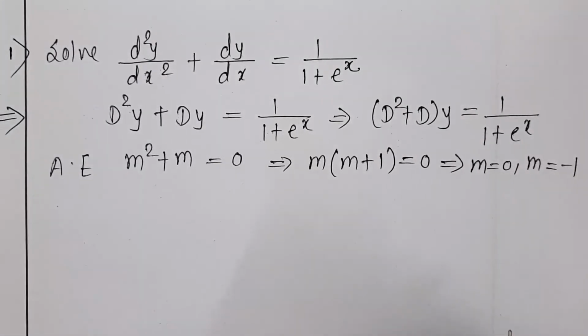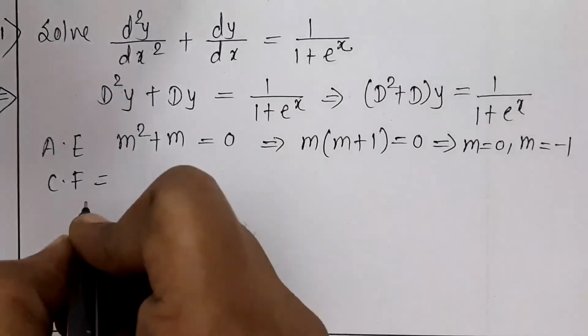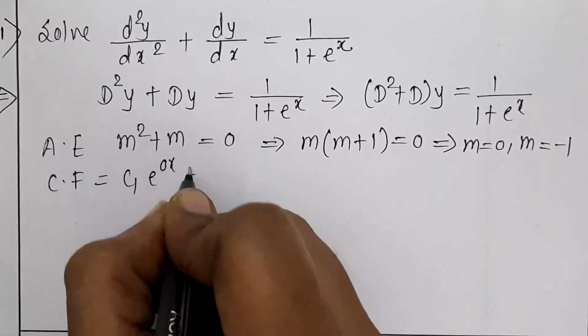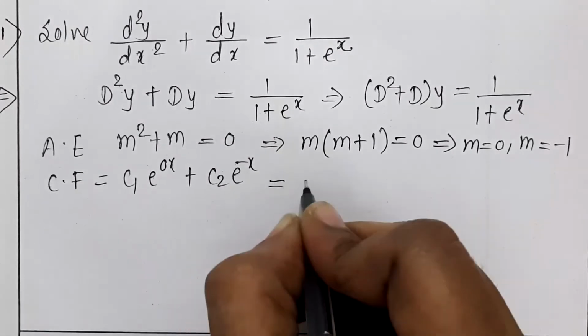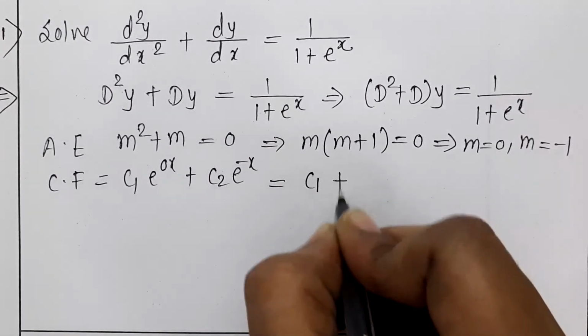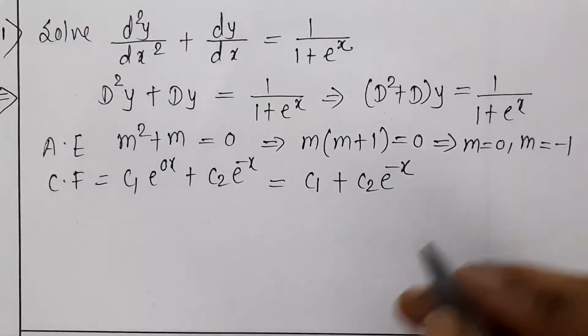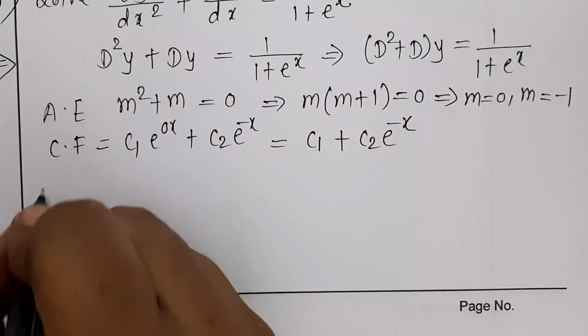These are the roots. Now how to write CF? If the roots are real and different, CF can be written as C1 e to the power 0x plus C2 e to the power minus x. So C1 e to the power 0x is C1 plus C2 e to the power minus x. This is our CF.